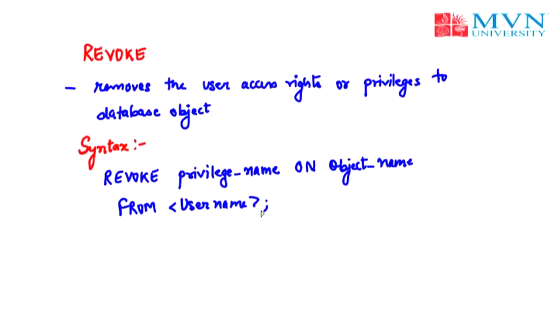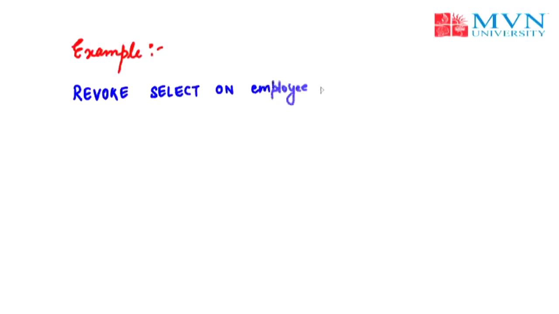Now, the object name is the name of a database object like table, view and sequence. And the last one is the username, the name of the user from whom an access right is being revoked. For example, revoke select on employee from user 1. This command will revoke a select privilege on employee table from the user 1.